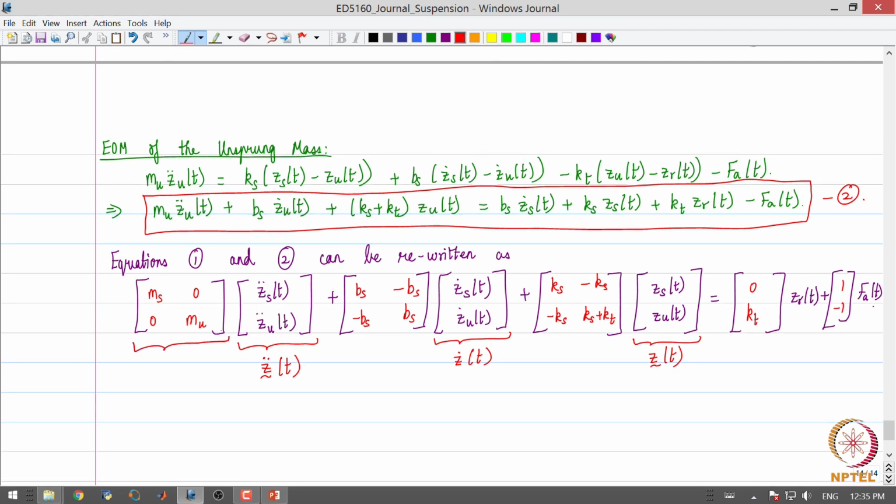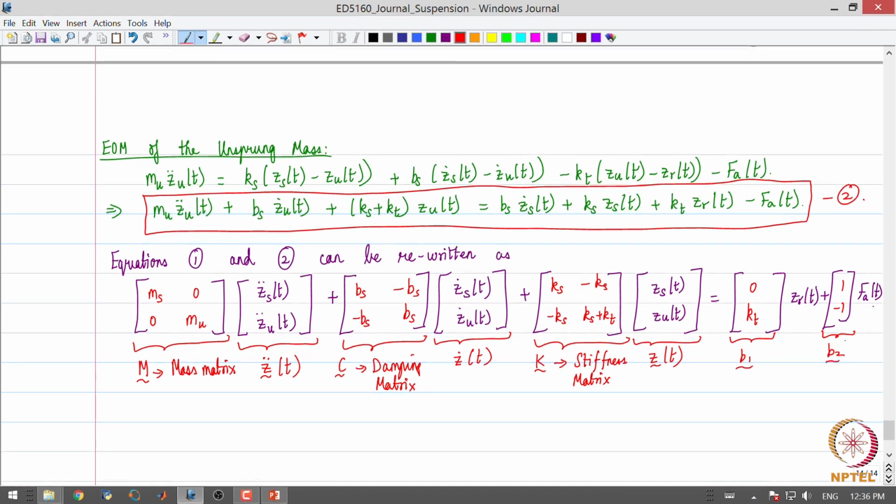So, this 2 by 2 matrix is what is called the mass matrix M. Matrices we will indicate with an uppercase character with a tilde underneath it. Okay. So, that is our mass matrix. Let us call this the damping matrix C, and this is what is called the stiffness matrix K, and let us call these two vectors B1 and B2, which are multiplying zr and FA.